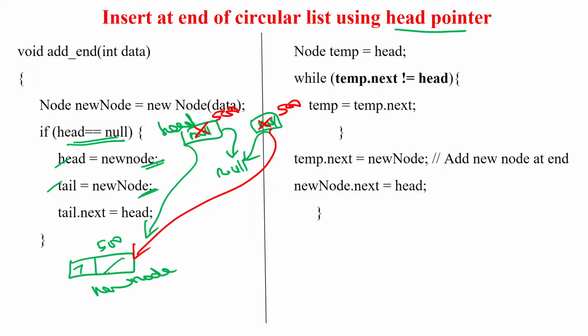Then the new node's tail dot next will become the head, that is, the new node itself. Okay, so that is the thing.